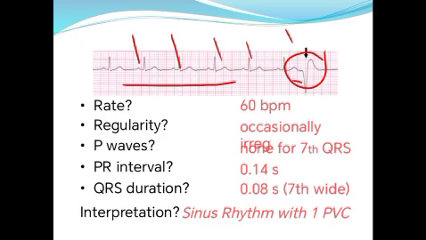The QRS duration is normal, but in the 7th beat it is wide. You have a different shape QRS complex, wide, with a negative deflection, bizarre in shape and different from the other QRS complexes. So this is sinus rhythm with premature ventricular contractions, PVCs. We have premature atrial contraction, and now we have premature ventricular contraction. I hope you understand this very well.